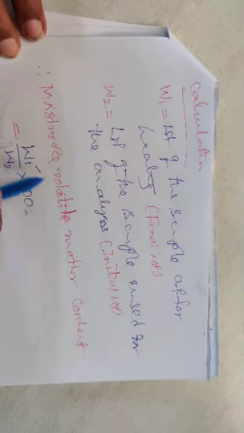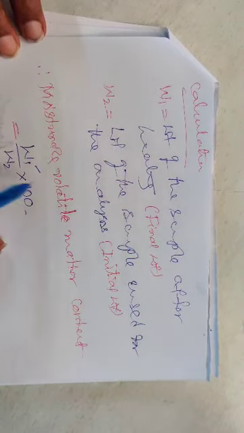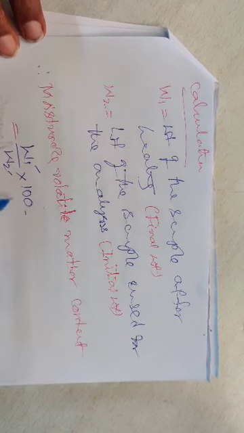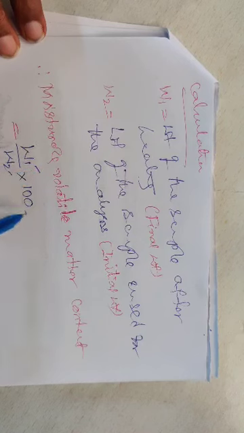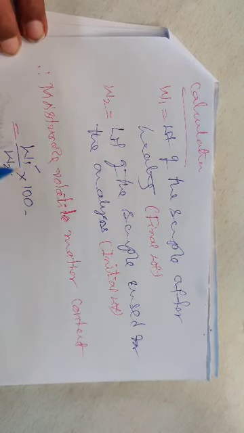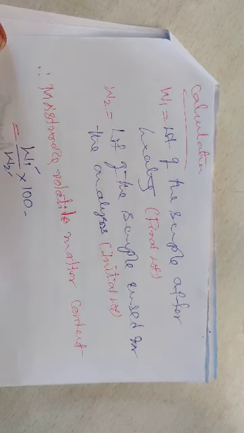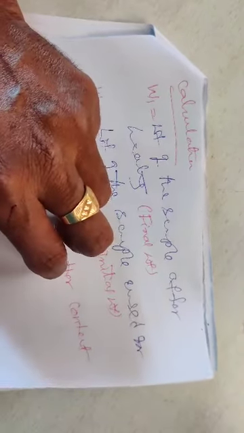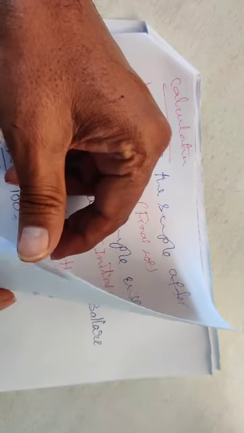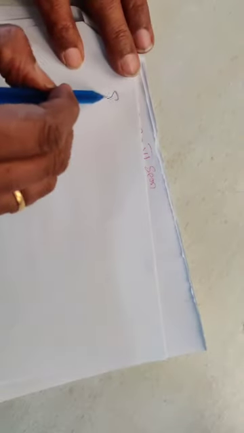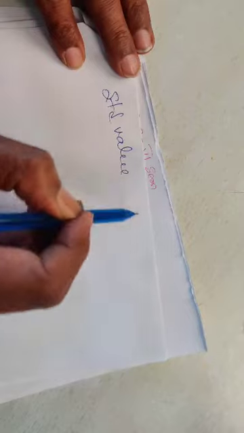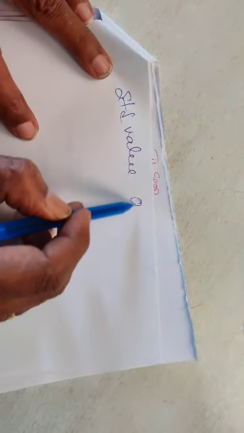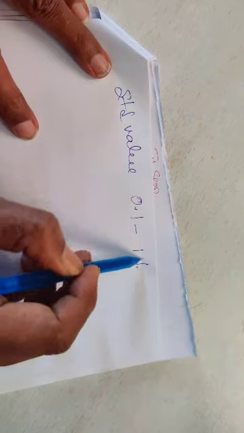We substitute the values of W1, the final weight, and W2, the initial weight, and simplify using this equation. You will get some value. You compare this value with the standard value for this sample, which is usually 0.1 to 1%.